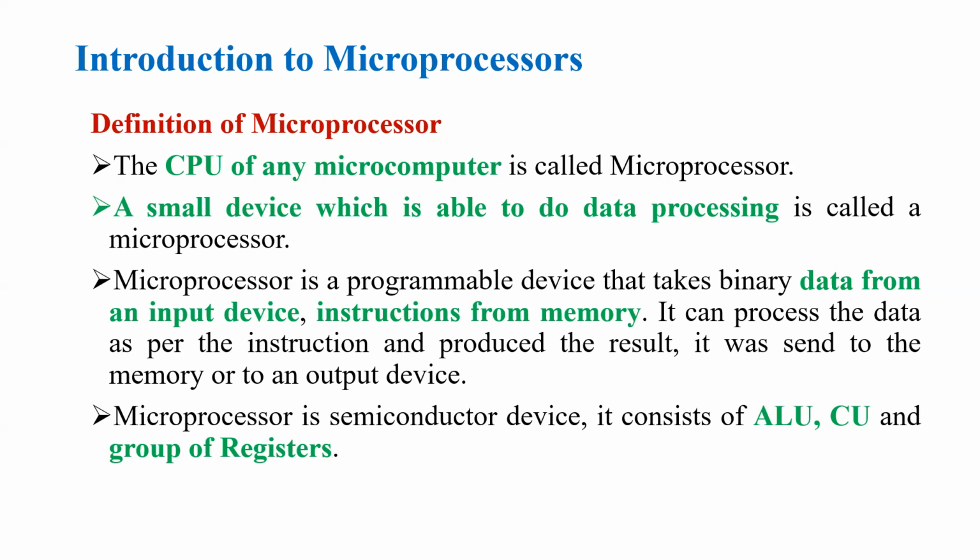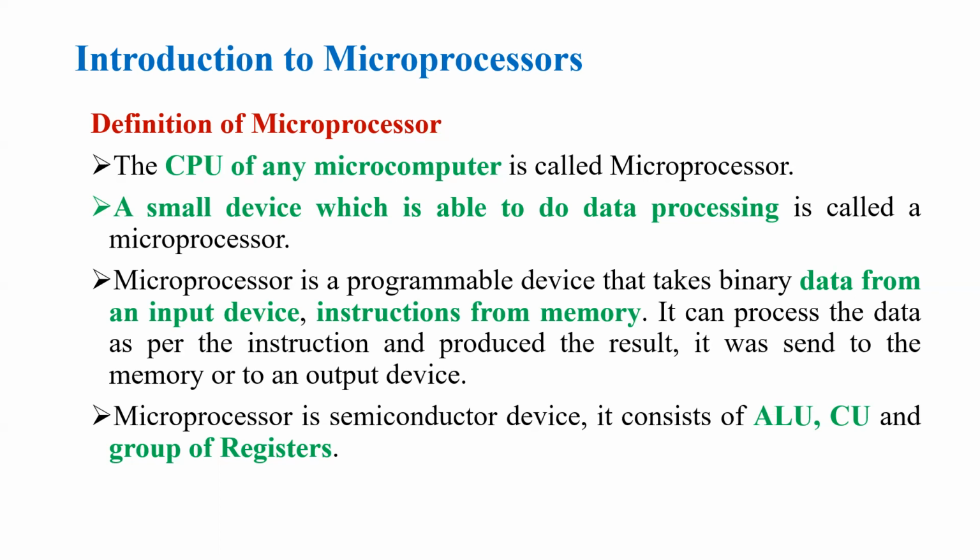Coming to the third definition, a microprocessor is a microprogrammable device that takes binary data from an input device and instructions from memory. It processes the data as per the instructions and produces the result, which is sent to the memory or to an output device.